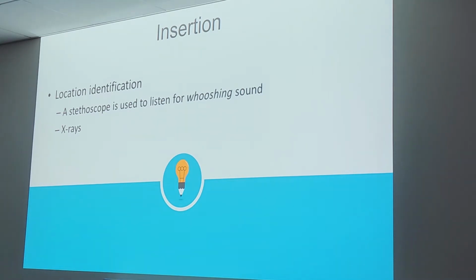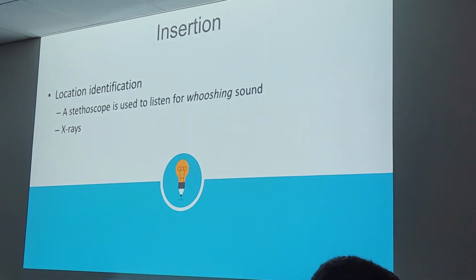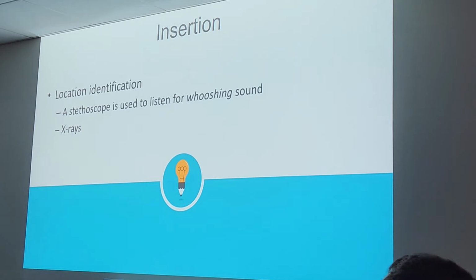And once they think that the tube is in the right place, a stethoscope is used to listen to the stomach for a whooshing sound. Okay? And also at the tip, the nurse or doctor can attach a syringe and make sure that they get some sort of gastric fluid back to make sure that it's in the stomach. Okay?